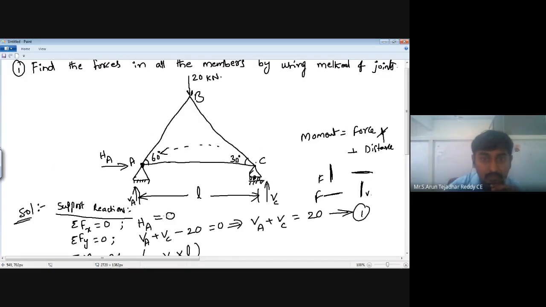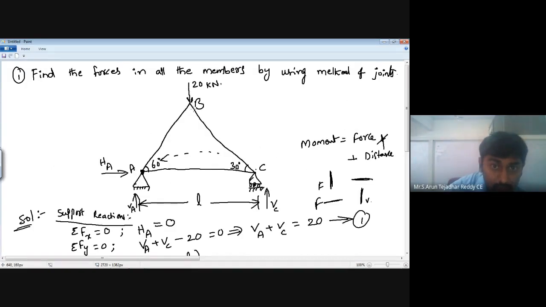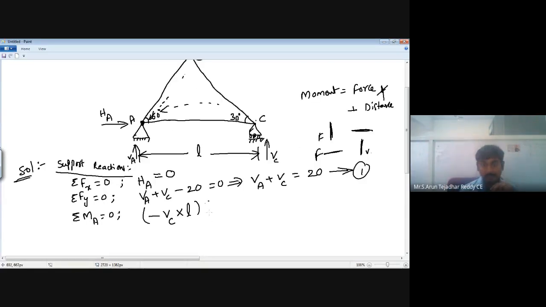Next, the 20 kilonewton load, from B to A, is in the clockwise direction, so take positive 20.